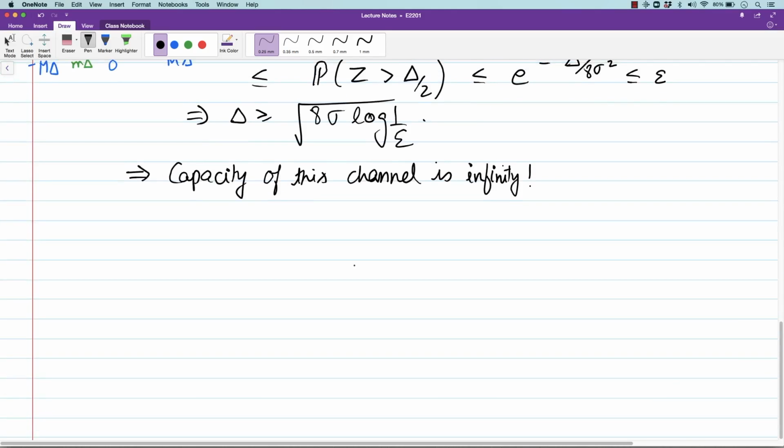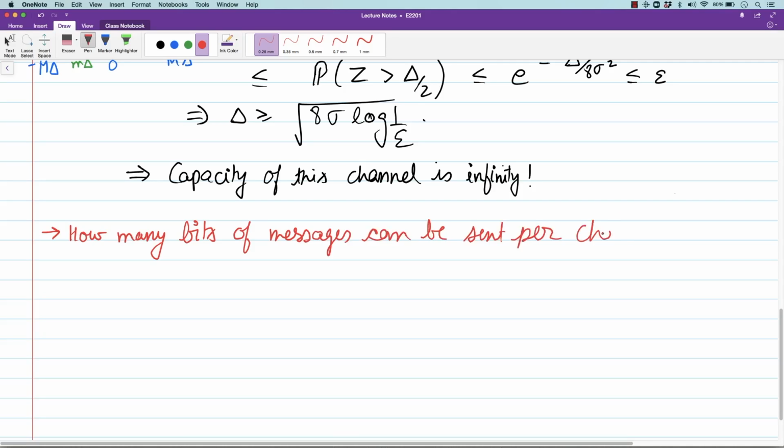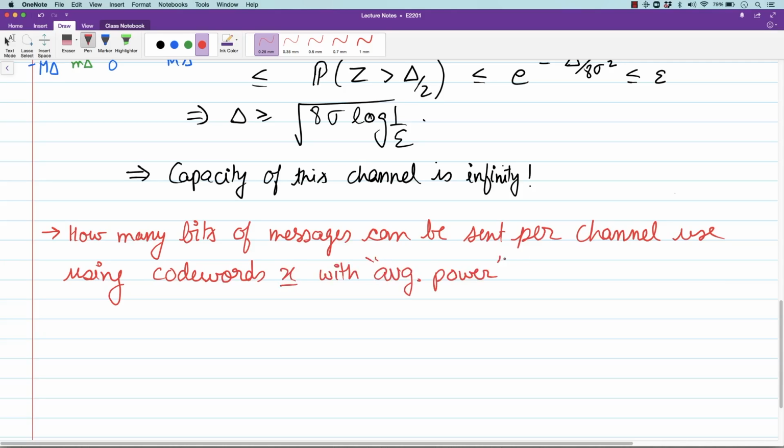So a question that is perhaps more interesting, and indeed it has received a lot of attention, is how many bits of messages can be sent per channel use using code words x with average power less than or equal to P. These are real vectors.